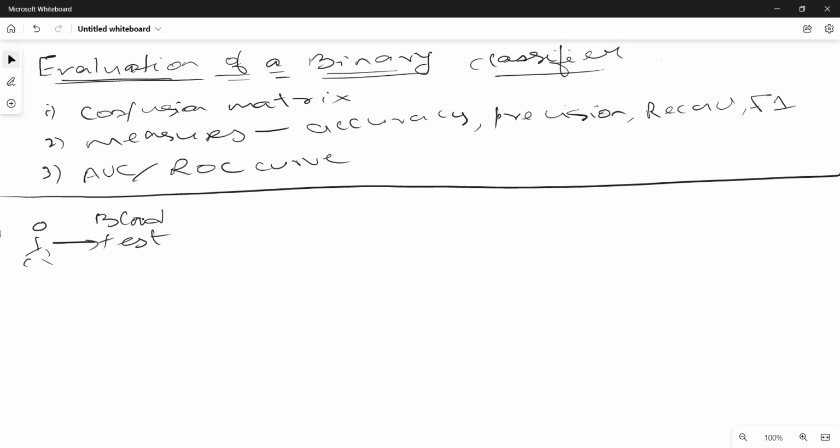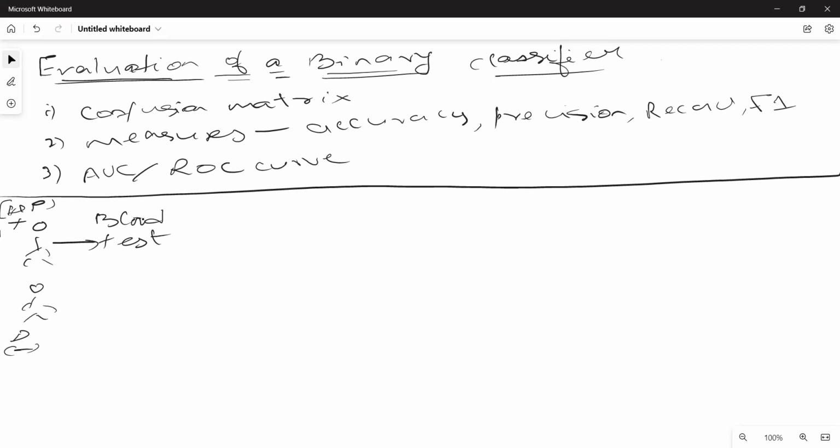What are the different possibilities that you can have? So this guy is a healthy person, so I'll put a plus here. And this person is actually a diabetic person, so that means a negative.